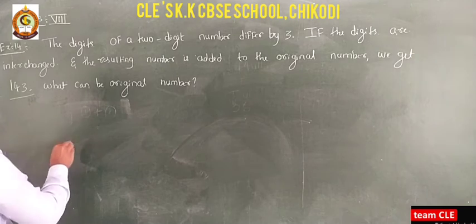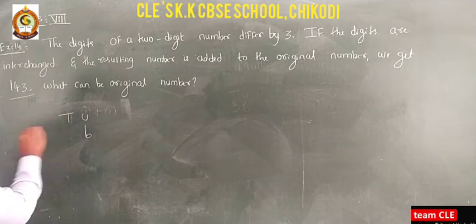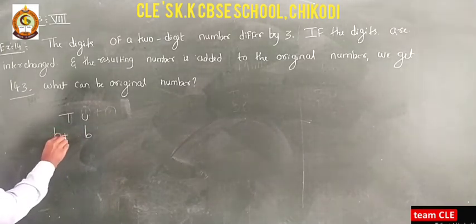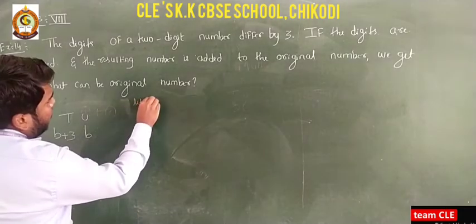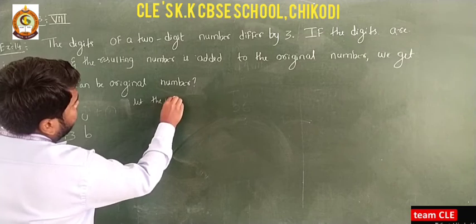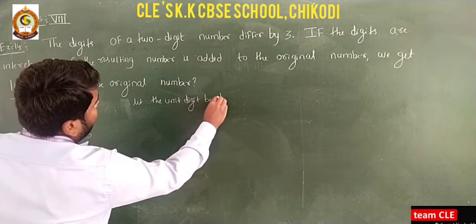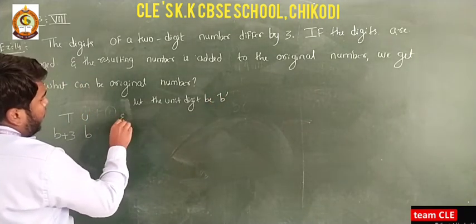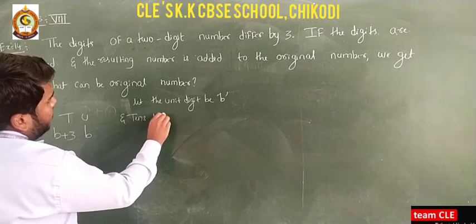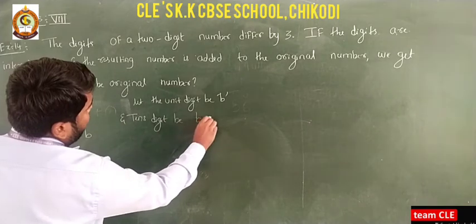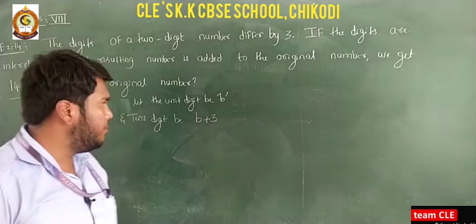So let the unit digit be b and the tens digit be b plus 3.